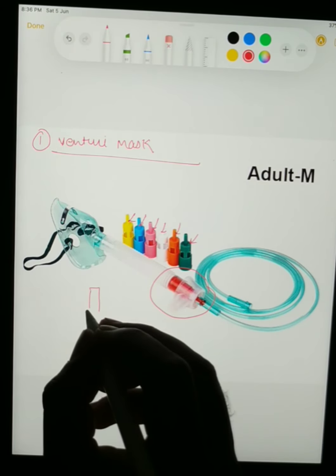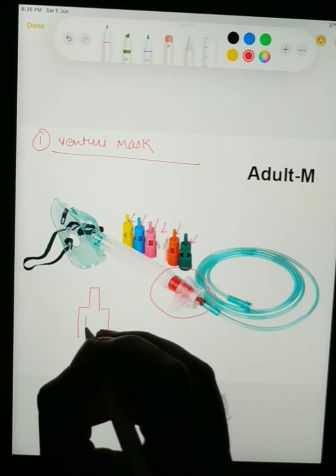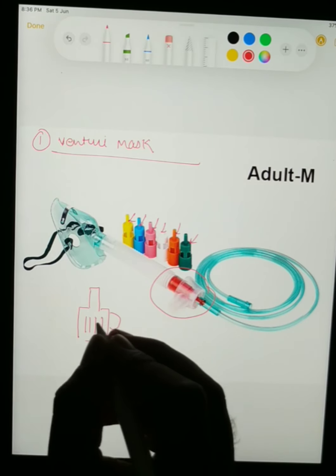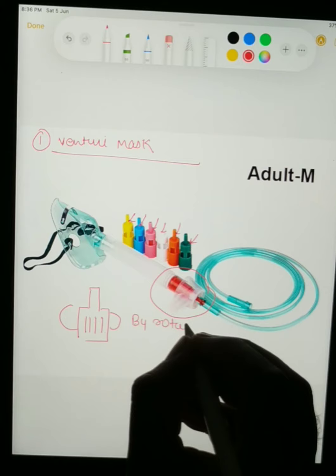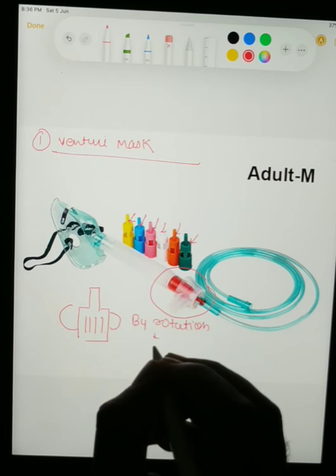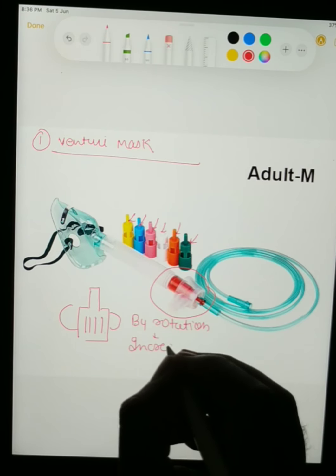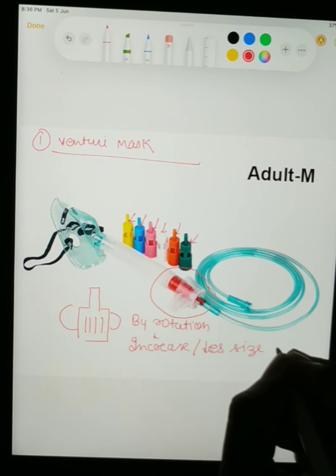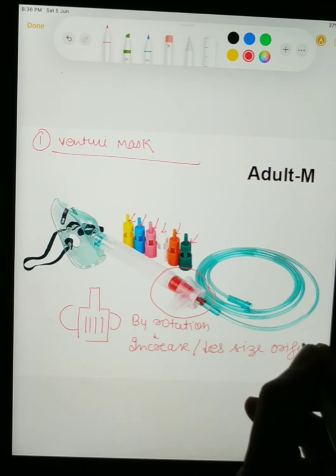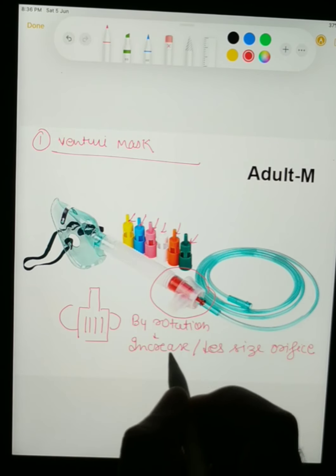There are markings on it. When we rotate this, by rotation we can increase or decrease the size of the orifice. So we can change the FiO2.